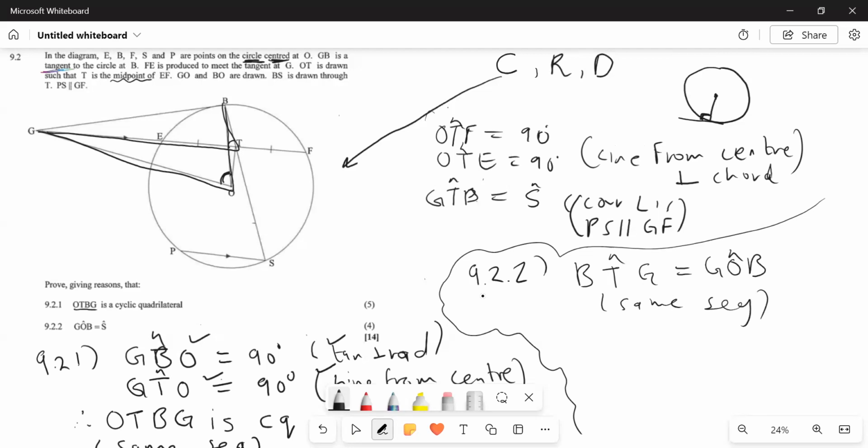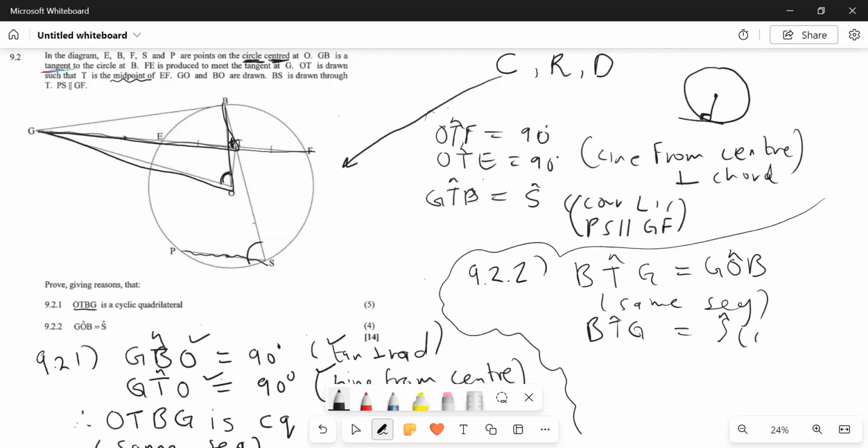So now we know that GOB is equal to BTG, right? But now, check something. This is parallel to that line, right? So meaning S is equal to BTG as well.